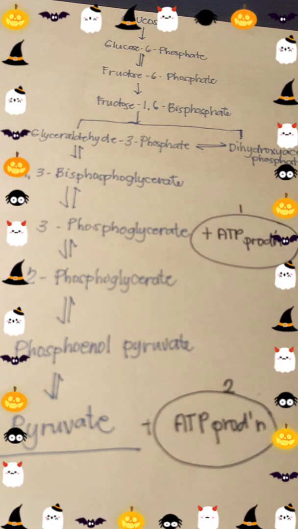Take note that there are two stages in the glycolysis reaction. The first five stages are energy investment, and the last five are the energy generation phase, wherein there will be the production of two molecules of ATP and, of course, the end product, which is your pyruvate.